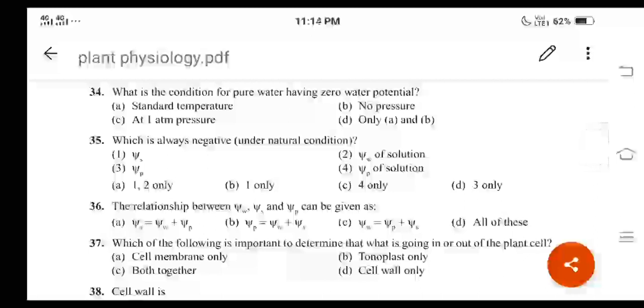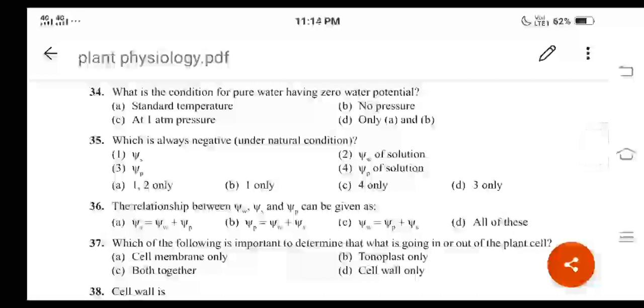A solution always contains some solutes in water, because of which its value will be negative. So which is always negative under natural conditions? Option A, 1 and 2.